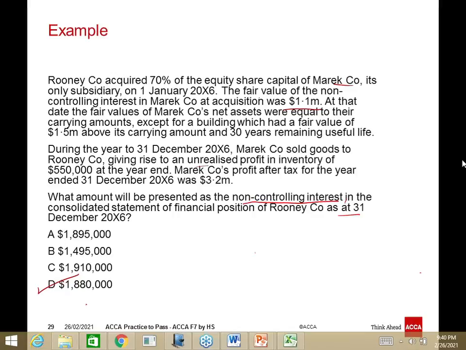When there is a revaluation at the date of acquisition, what will be the treatment? Revaluation at the date of acquisition of the subsidiary company will be part of the goodwill, included in the fair value of net assets at acquisition. Please do this question.